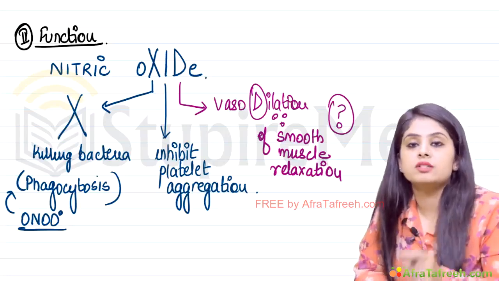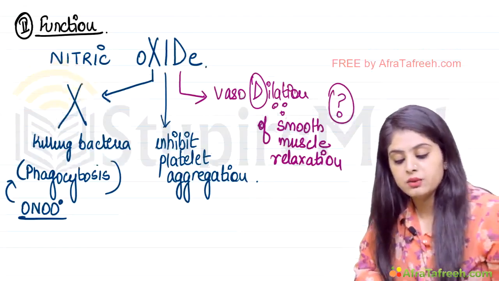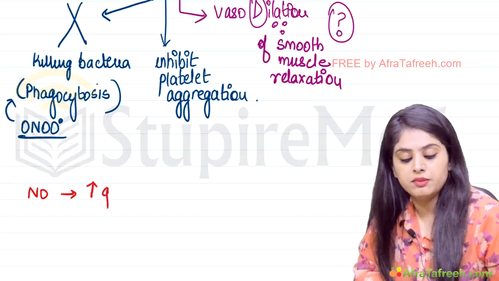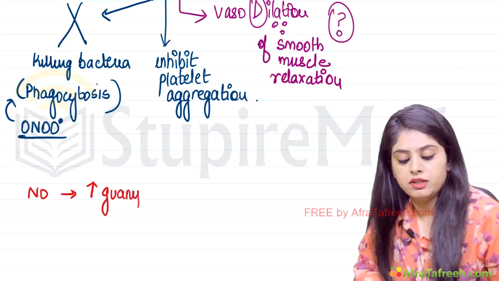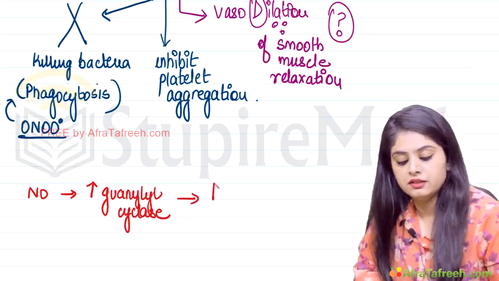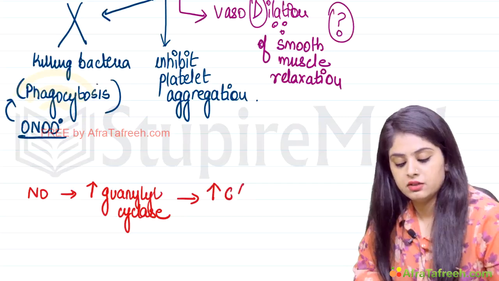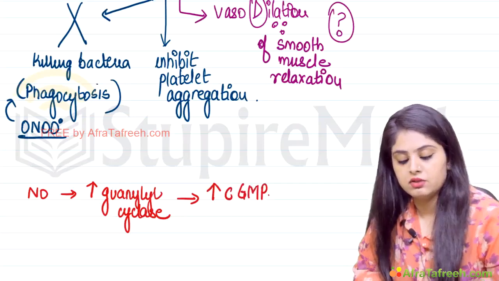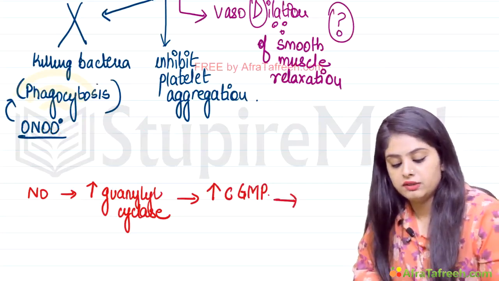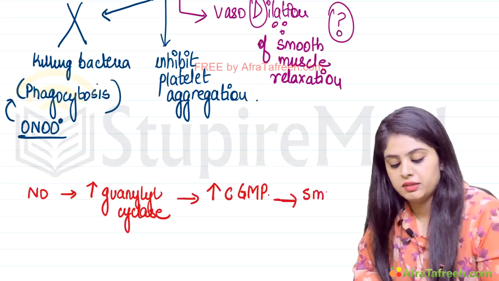One of the high yield questions comes from these. So let's understand that nitric oxide is going to increase the activity of something known as guanylyl cyclase. This in turn increases cyclic GMP, and this in turn is going to result in smooth muscle relaxation.